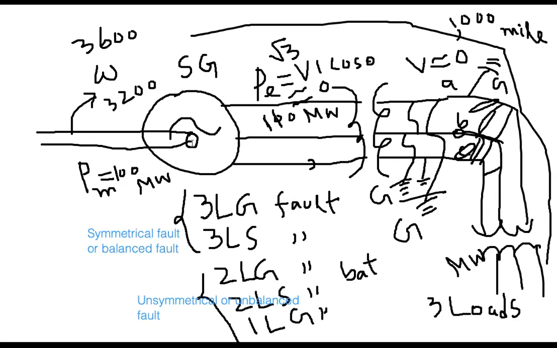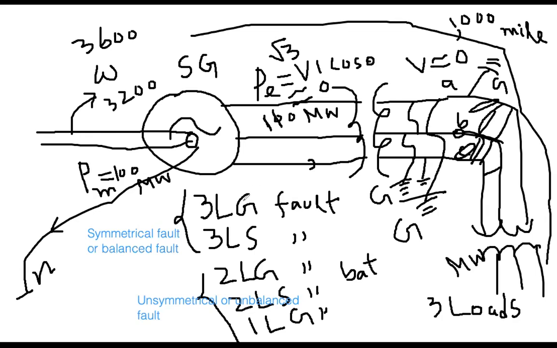For example, this is a Y-connected generator and it has a neutral. This is the neutral line. If any fault happens, whatever the location is, some zero sequence current will flow through the neutral line. Or if there are connected devices here that are Y-connected and have a neutral, zero sequence current will flow through the neutral.